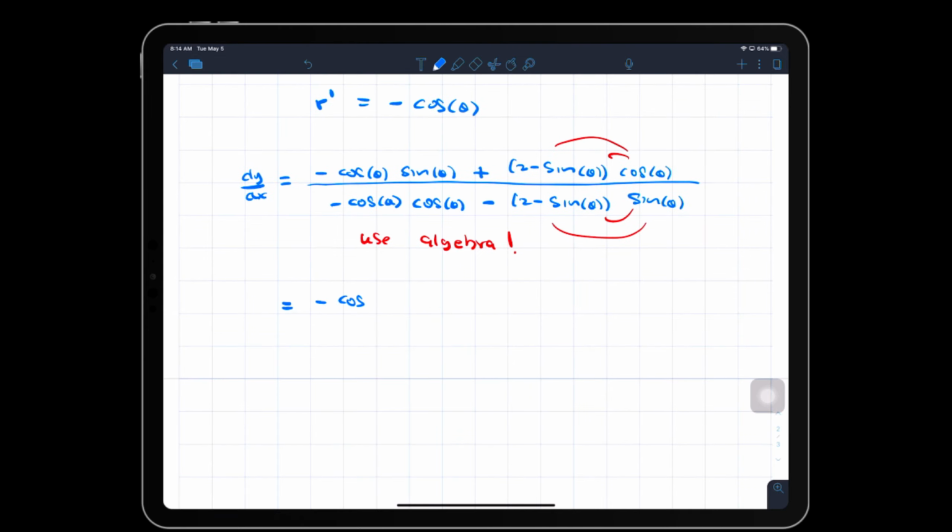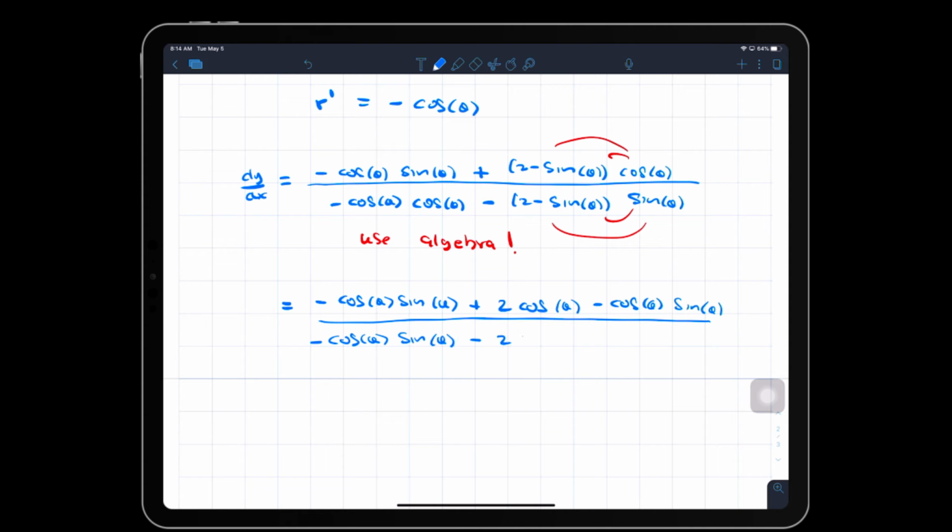So you have minus cosine theta sine theta, plus 2 cosine theta minus cosine theta sine theta, and then this is going to be a minus 2 sine theta, let's be careful, and that'll be plus sine squared theta.